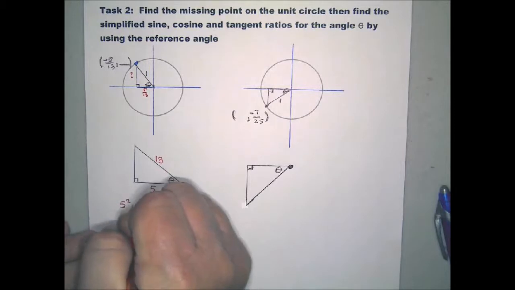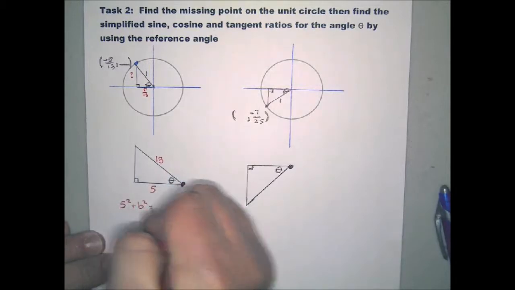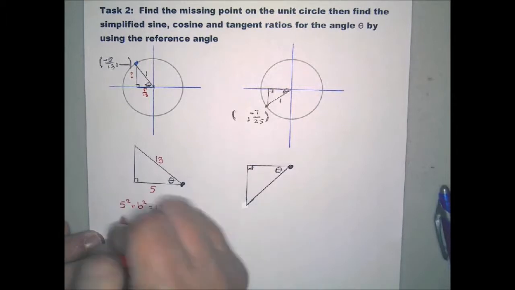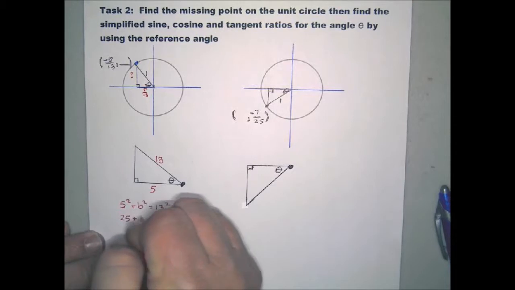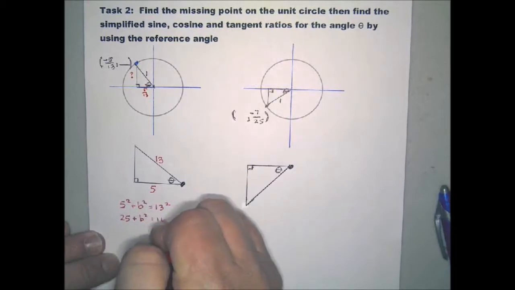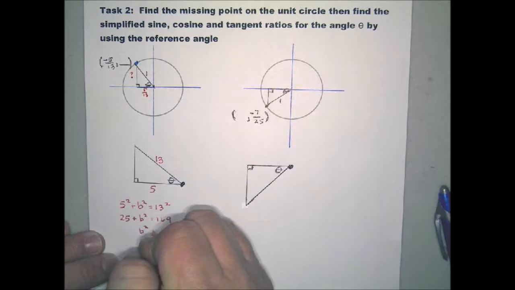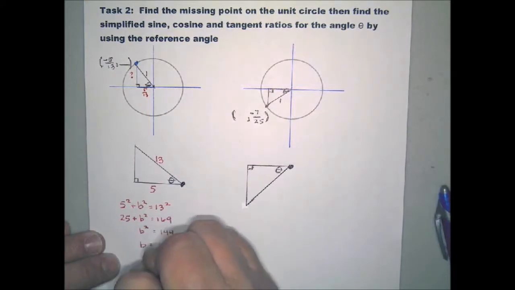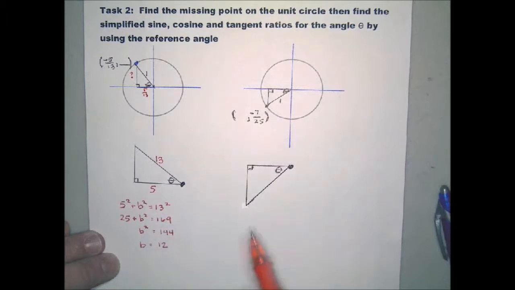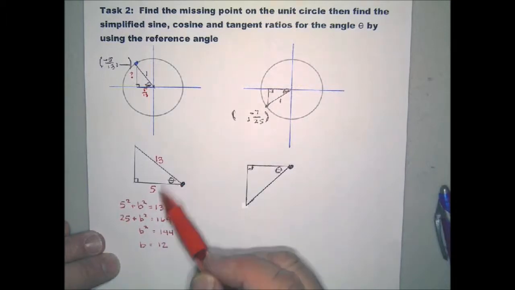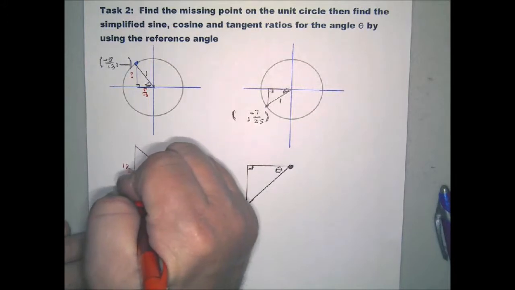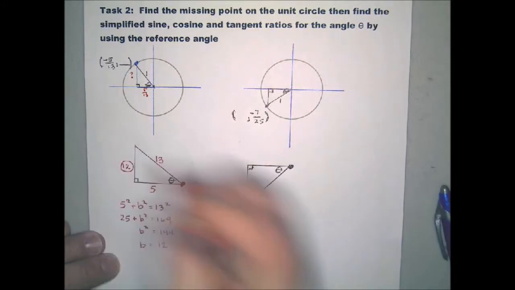A squared plus b squared equals c squared. So that's 25 plus b squared equals 169. B squared equals 144, and therefore b equals 12. If you remember your Pythagorean triplets, that's going to come in handy a lot. So all that means is this, in its original form, had a height of 12.